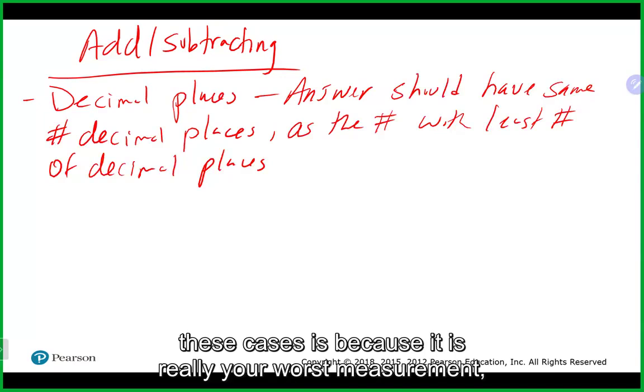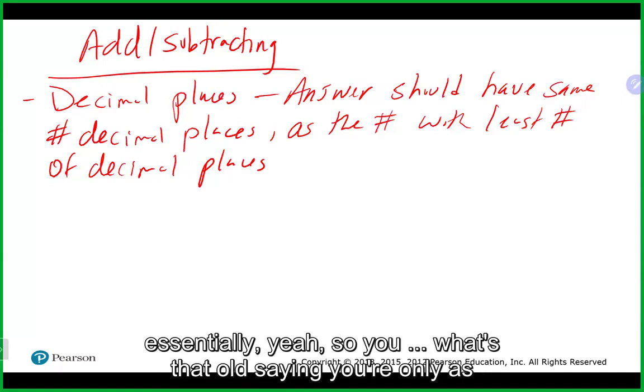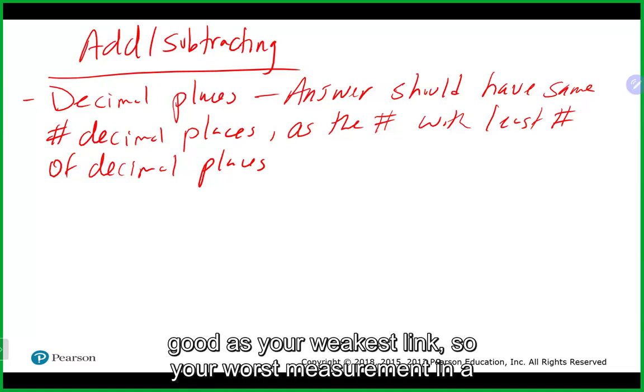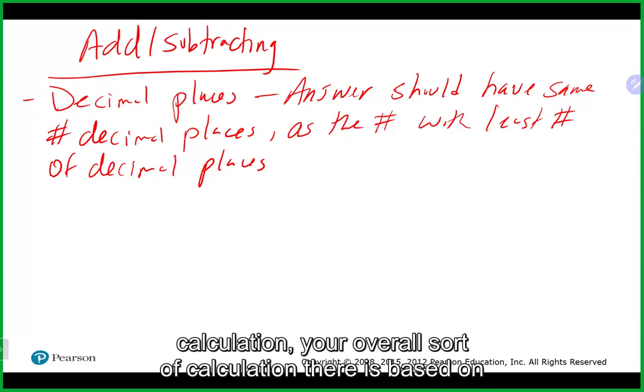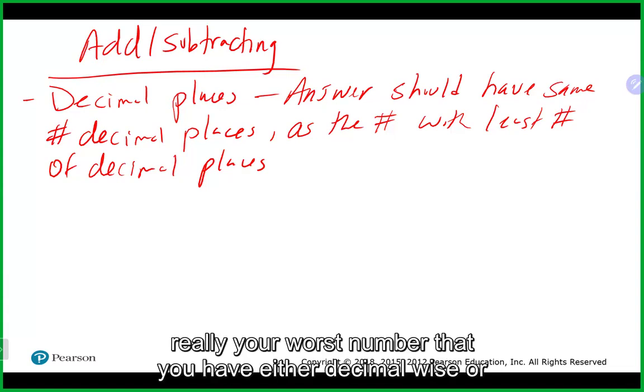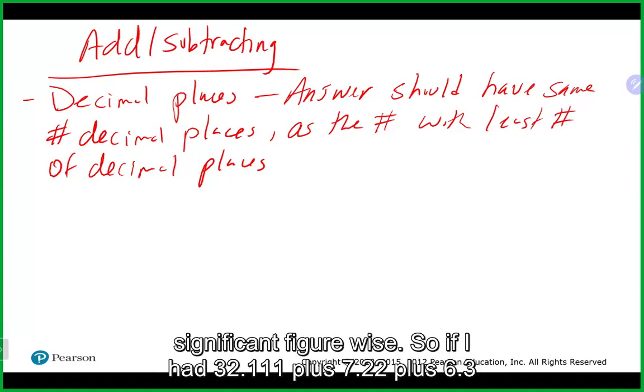In both of these cases, it's because it is really your worst measurement, essentially. What's that old saying? You're only as good as your weakest link. Your worst measurement in a calculation is as good as you could do in terms of your actual calculation. Your overall calculation is based on your worst number, either decimal wise or significant figure wise. So if I had 32.111 plus 7.22 plus 6.3.